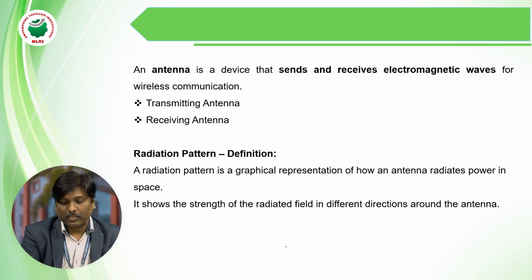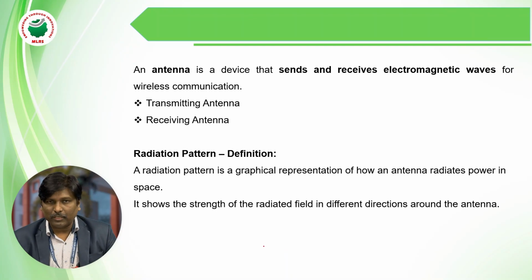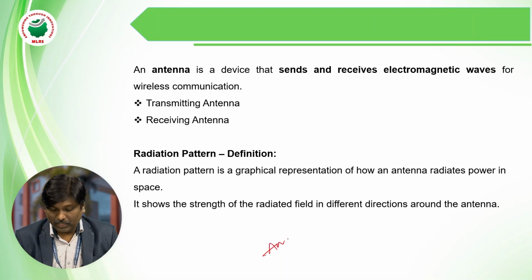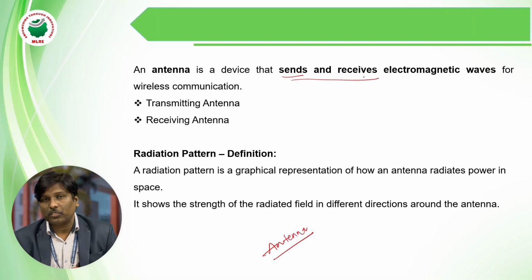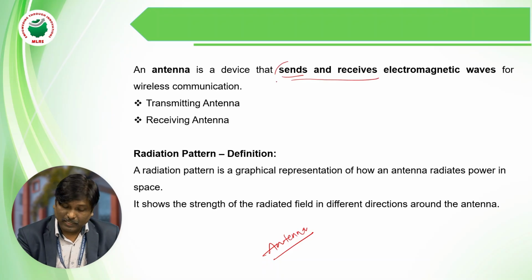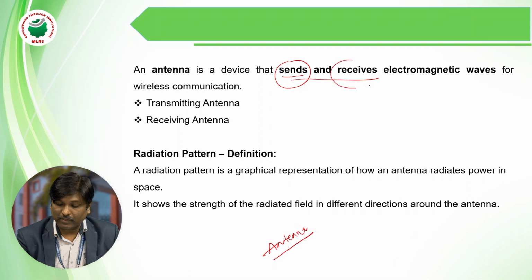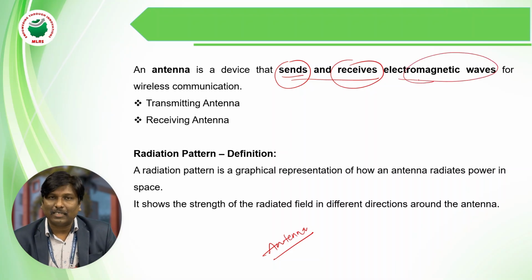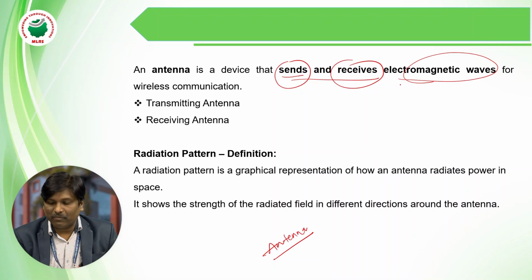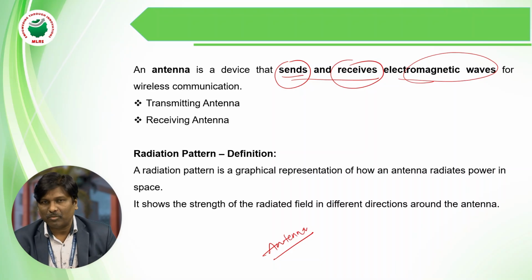First, what is the definition of an antenna and what is its application or purpose? An antenna is a device mainly used for two applications: sending and receiving. Which data can we send here? We don't send any data; we transmit or send EM waves. So an antenna sends and receives EM waves for wireless communication.